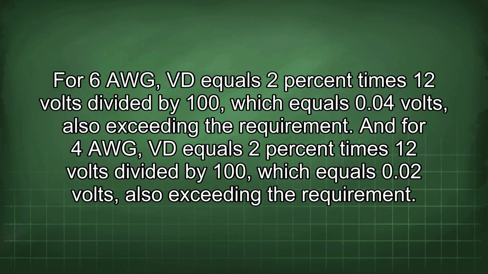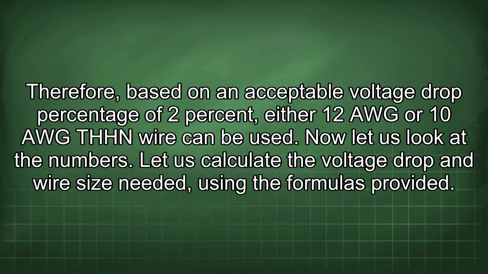And for 4 AWG, VD equals 2% times 12 volts divided by 100, which equals 0.2 volts, also exceeding the requirement. Therefore, based on an acceptable voltage drop percentage of 2%, either 12 AWG or 10 AWG THHN wire can be used. Now let us look at the numbers.